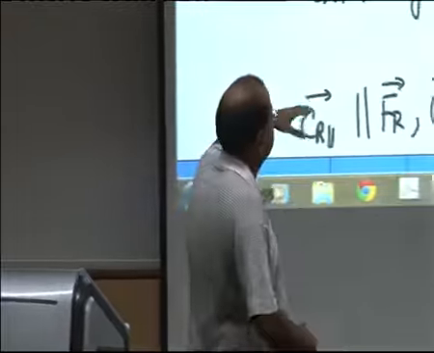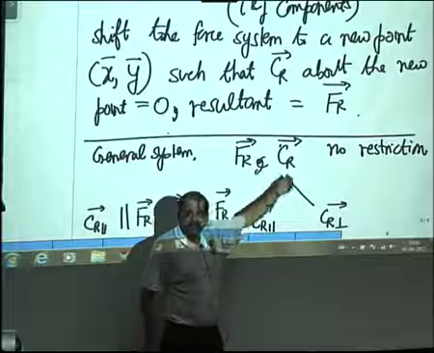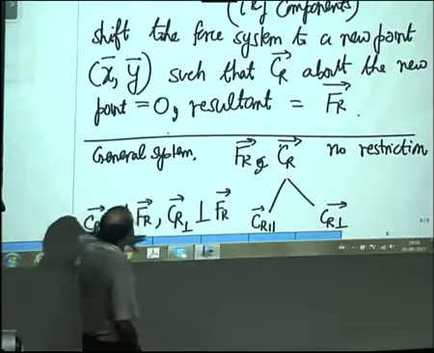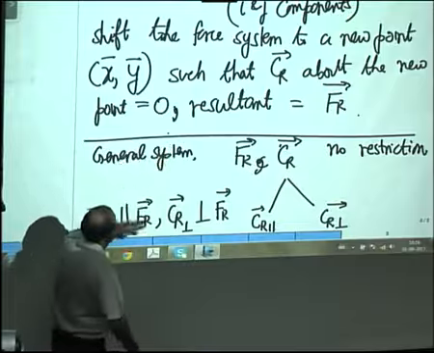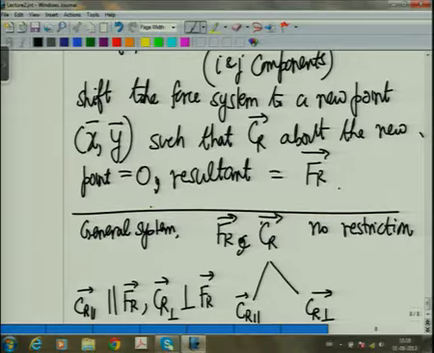You calculate the resultant at any arbitrary point, you will get FR and CR. Whatever this couple is, we divide it into two components, a component parallel to the force and a component perpendicular to the force.